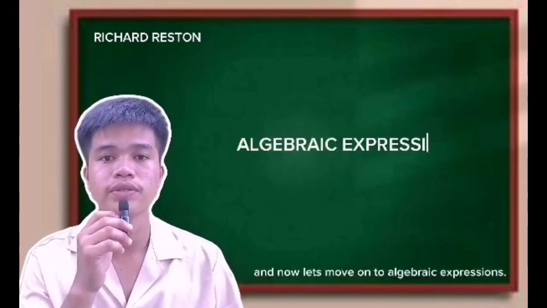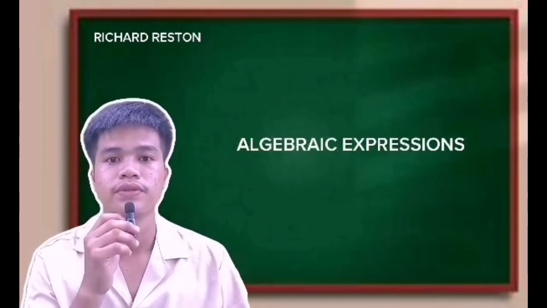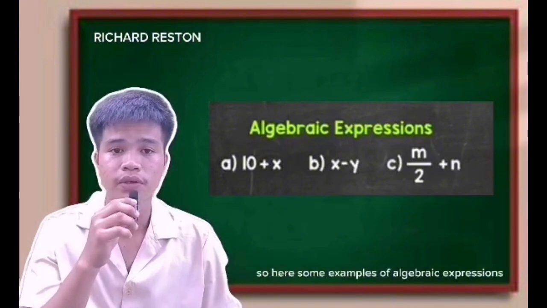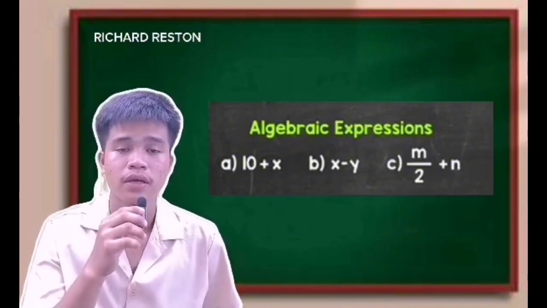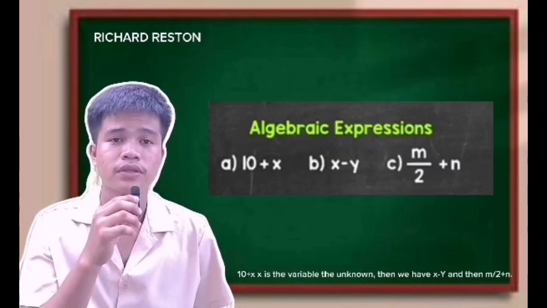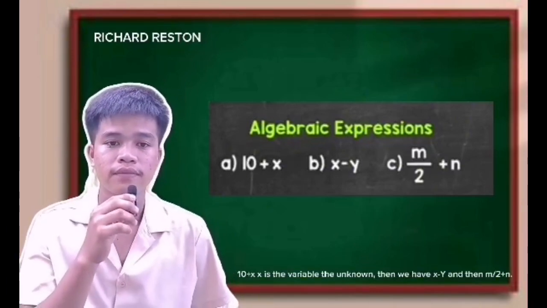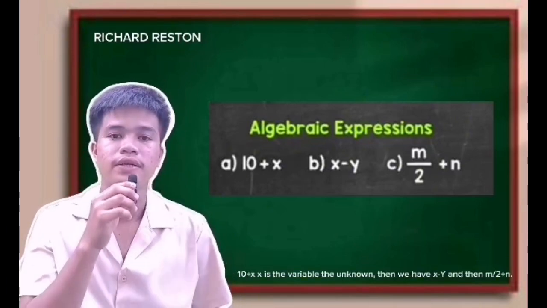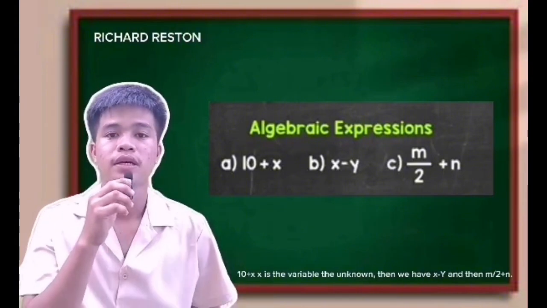Now let's move on to algebraic expressions. Here are some examples: 10 plus x, where x is the variable, the unknown; then x minus y; and m divided by 2 plus n.